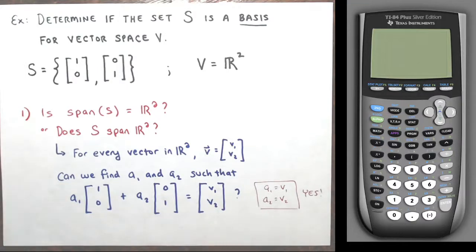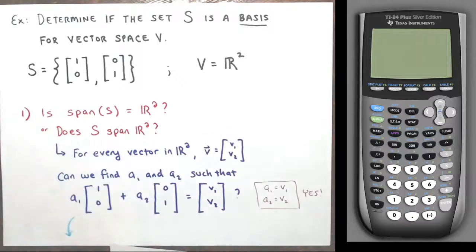Now, the way I would normally look at this, or the way I've done in other videos, is remember this corresponds to a system of equations involving A1 and A2. The variables are A1 and A2. What I'm trying to solve for are A1 and A2, not V1 and V2. V1 and V2 are just numbers I pick. These are fixed. So this linear combination corresponds to a system.